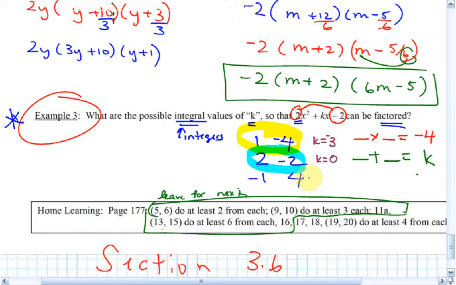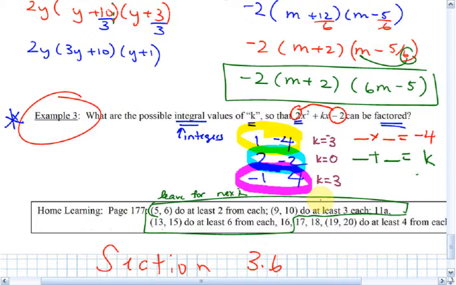And then looking at the last one here, -1 and 4, if I were to now add them together, what's my possible value of k in this case? 3. So ladies and gentlemen, this is what you've actually just solved for me. You have already just told me the possible integral values of k. It's -3, 0, and 3.